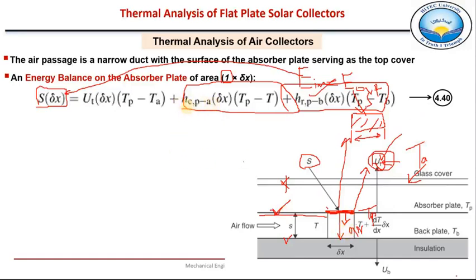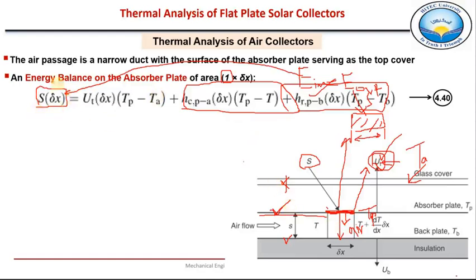So that is the convection heat transfer coefficient into area into TP minus T, where TP is again the plate temperature minus the fluid temperature, which is air, temperature of the air. So here we are not using subscript A because TA is used for ambient temperature. So that should be clear that here this A represents air, but here this A represents ambient air. This is the temperature of ambient air.